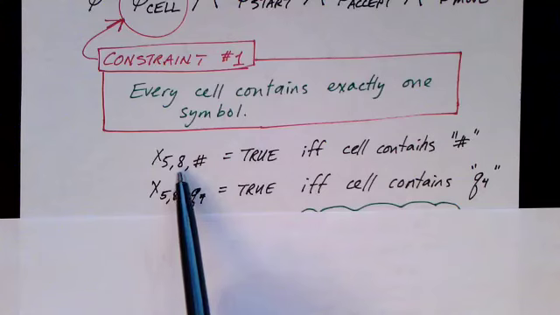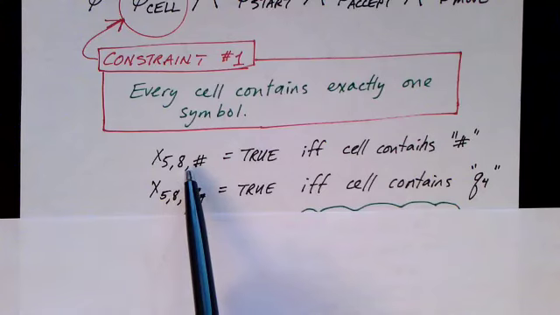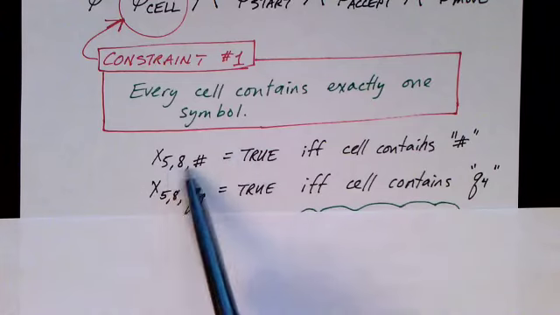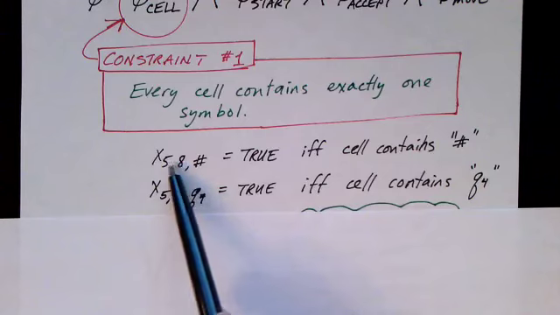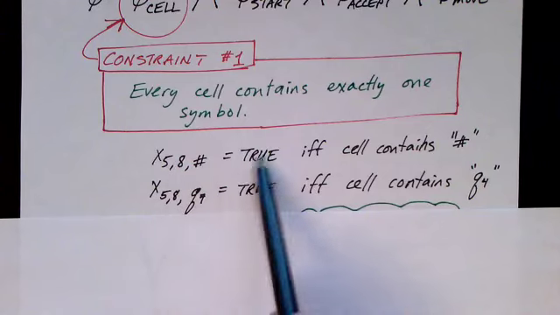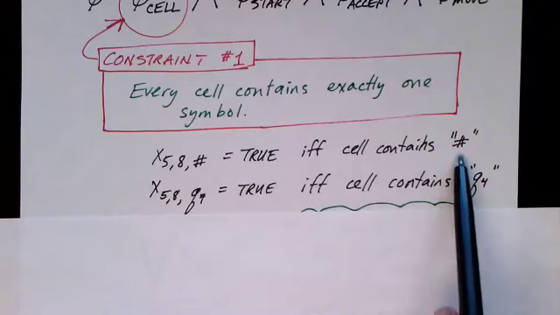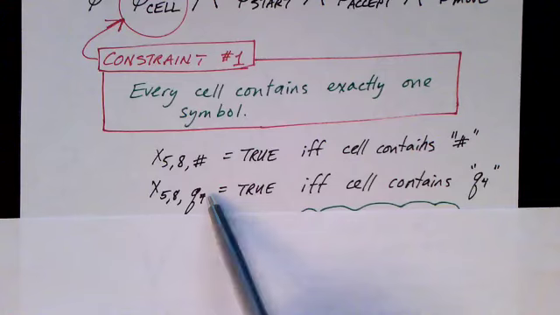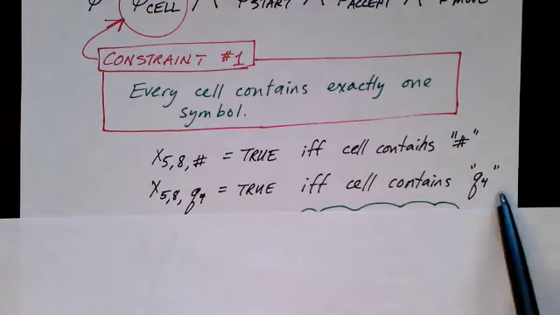Each of these is a different variable, and each can be true or false independently. And if a variable is true, for example, if the variable x sub 5 sub 8 pound sign is true, it means that cell contains a pound sign. On the other hand, if this variable instead is true, it means the cell contains a Q4.